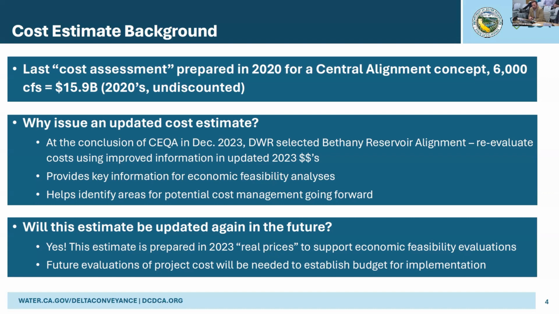And that really helps to tee that information up as key input into the economic feasibility analyses that you're going to hear in the second half of the presentation. In terms of the DCA's work, it also helps us identify areas of potential cost management. These are areas where it's helpful for us to see where the majority of the costs lie, where we might really get the most bang for our buck in terms of value engineering in the future.